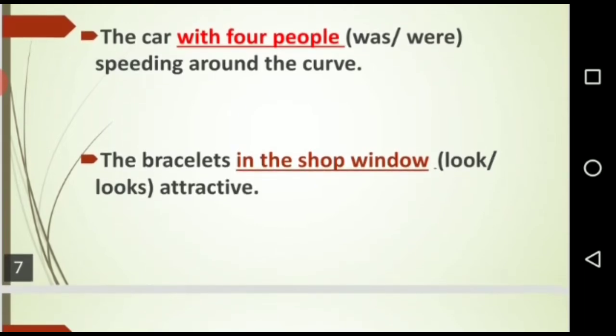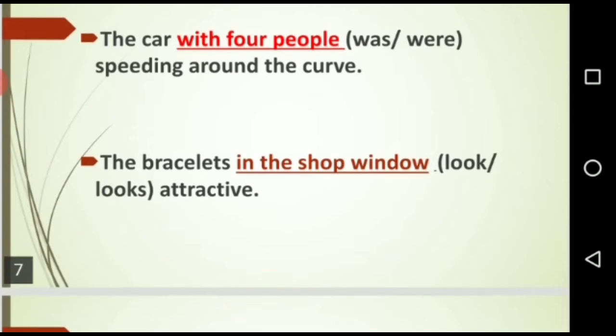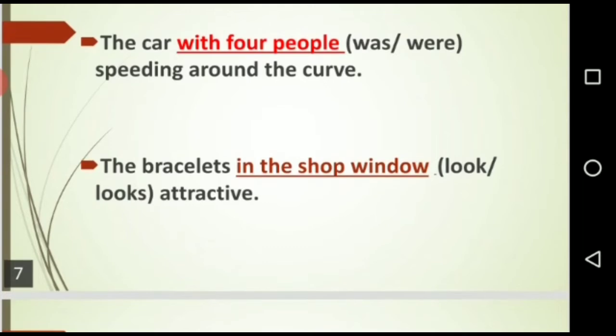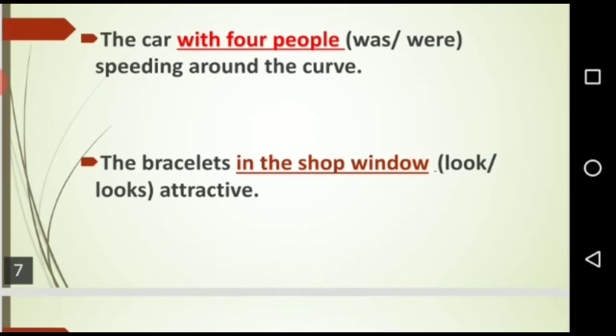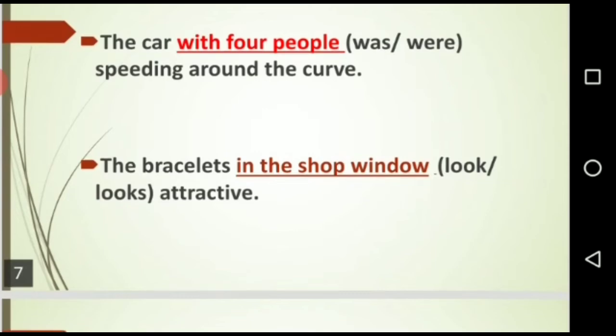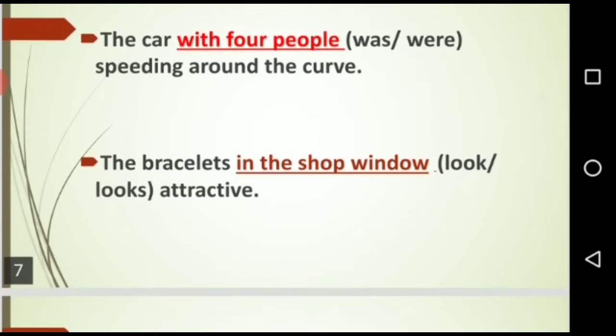Okay, here is the next one. The bracelets in the shop window look or looks attractive. So, what's the subject? I see a preposition in. So, I know that in the shop window is the prepositional phrase. It gives us information about the noun bracelets. So, the subject here is bracelets, a plural noun.